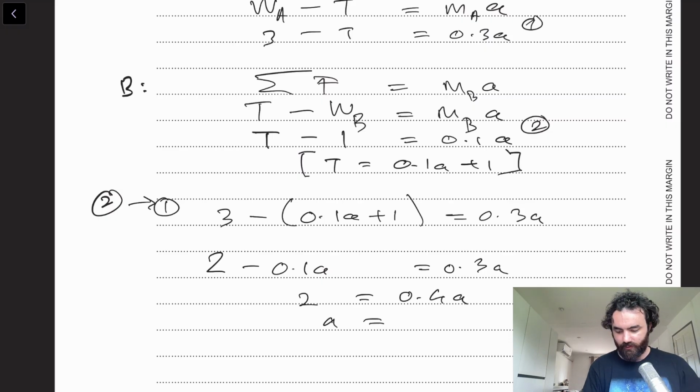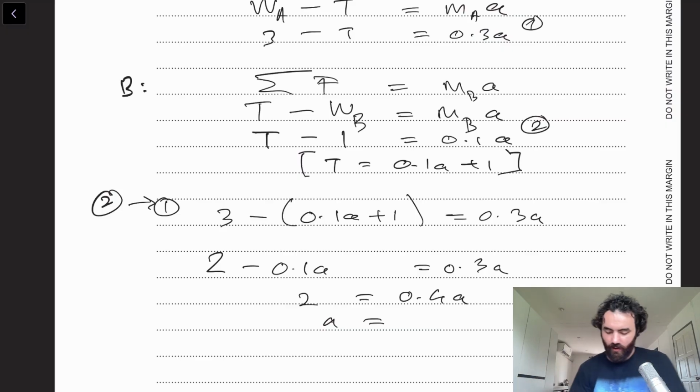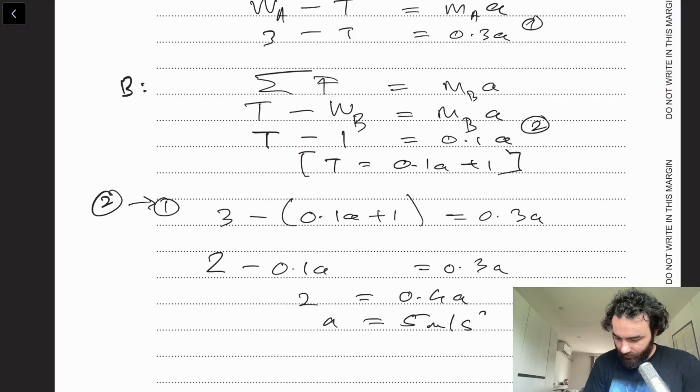So A equals 2 divided by 0.4, which is 5 meters per second squared.